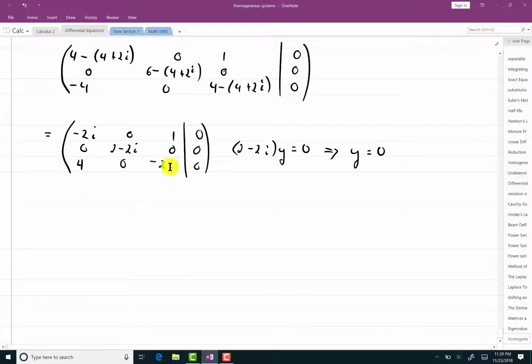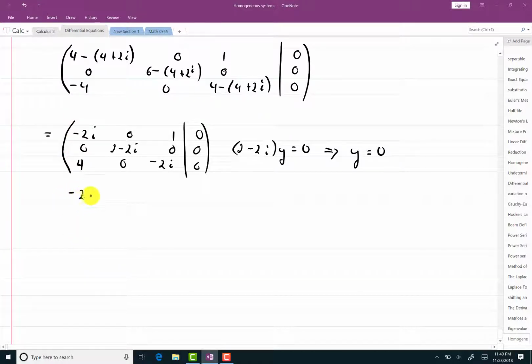Now this right here tells me that 4x minus 2iz equals 0. Notice I get the same thing here. If I multiply the first vector by 2i, I'll be able to cancel the 4 and the 2 and wipe that out. All I'll be left with then is either this row or this row. I guess it really doesn't matter. Maybe I'll choose the first row because it's a little bit easier in my mind.